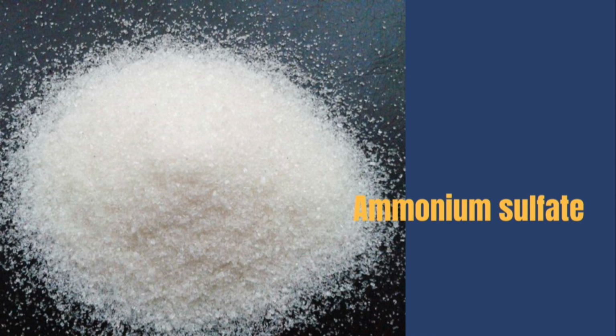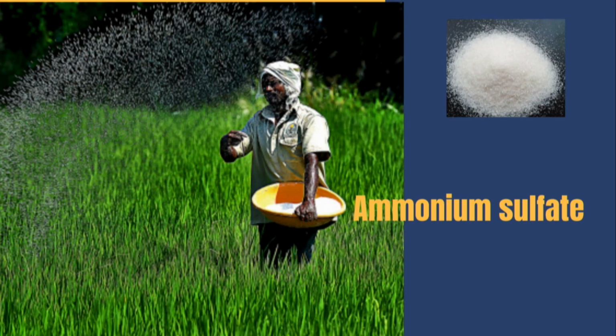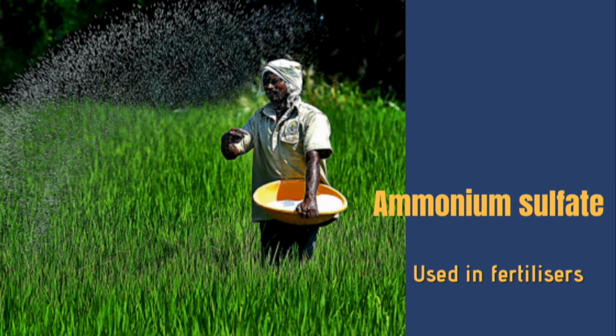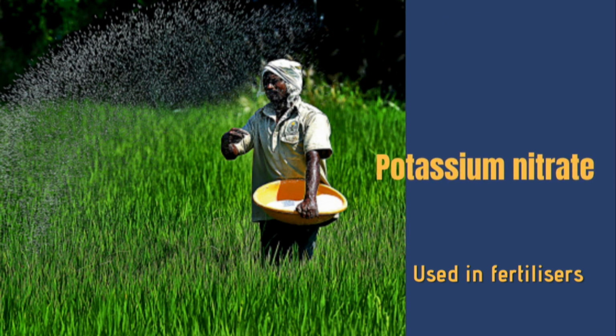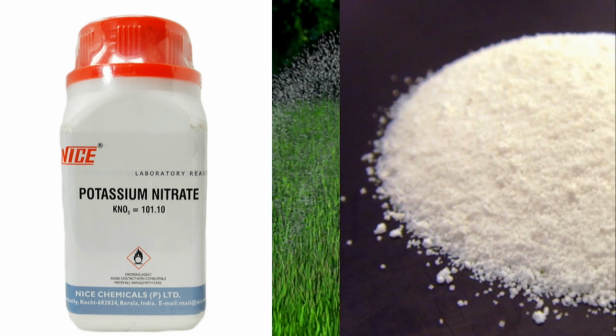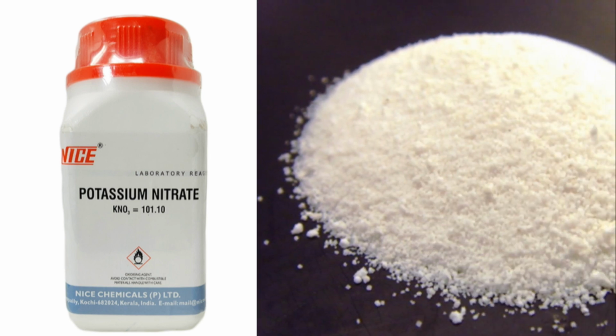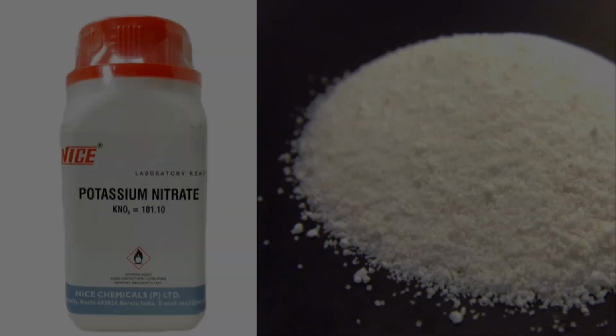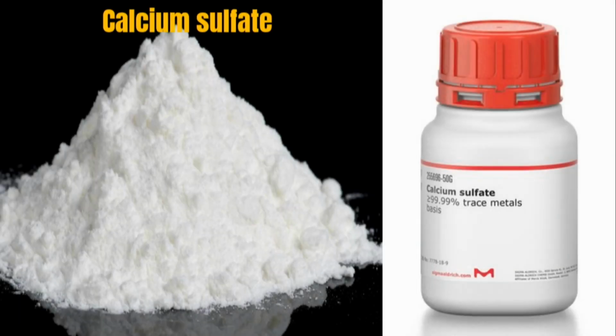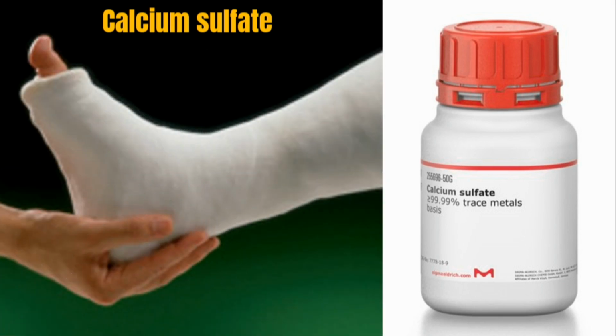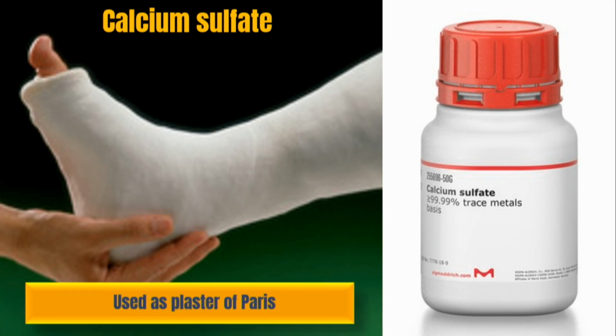Ammonium sulfate is used in fertilizers. Another salt present in fertilizers is potassium nitrate. Calcium sulfate is used to make plaster cast, also known as plaster of Paris, to repair fractured bones.